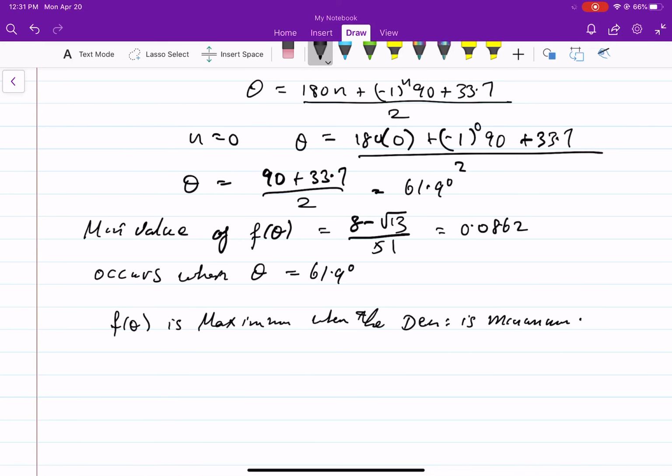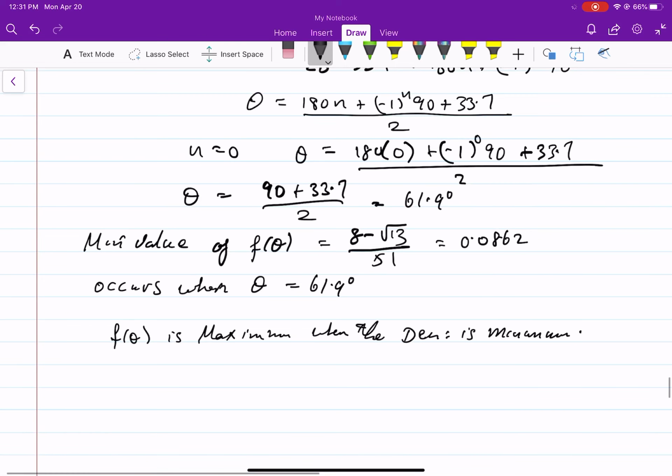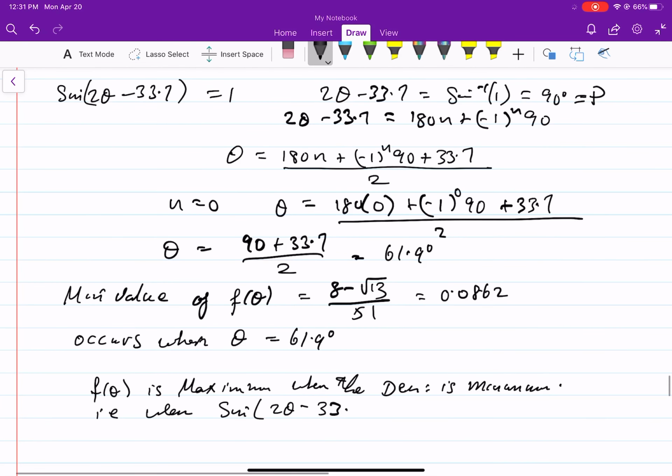And the numerator is minimum when the sine of 2 theta minus 33.7 is equal to minus 1. So if this is maximum, you'll have to be subtracting root 13 from the 8 this time.